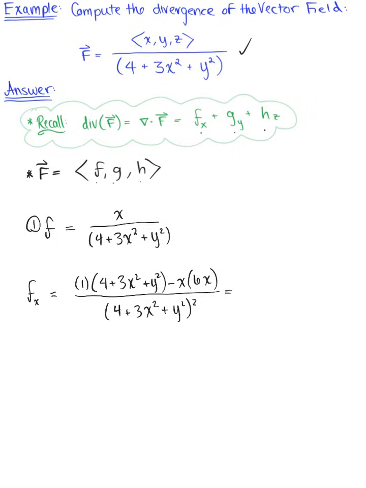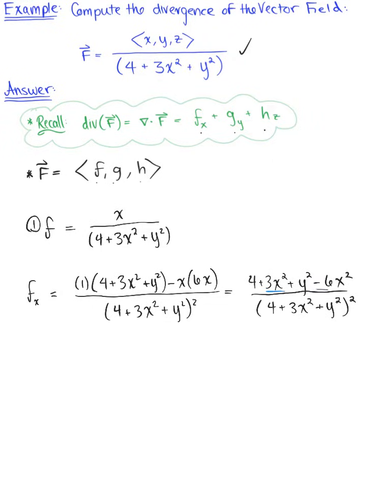And simplifying, this is 4 plus 3x squared plus y squared minus 6x squared, all divided by, so nothing has changed in our denominator, that's still 4 plus 3x squared plus y squared, squared. And we have two like terms here that we can combine.